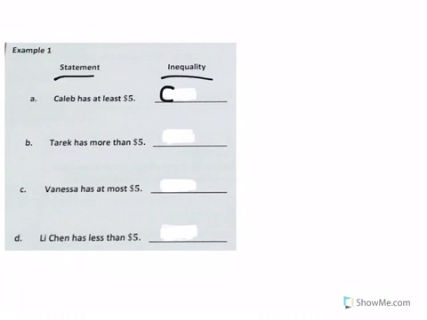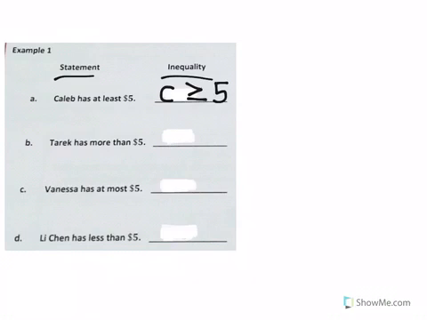Caleb's money is at least $5. That means it's $5 or more. So it's greater than or equal to 5, because he could have just $5. It says he has at least $5, which means that was the minimum, or he could have more than that. So we have C is greater than or equal to 5.